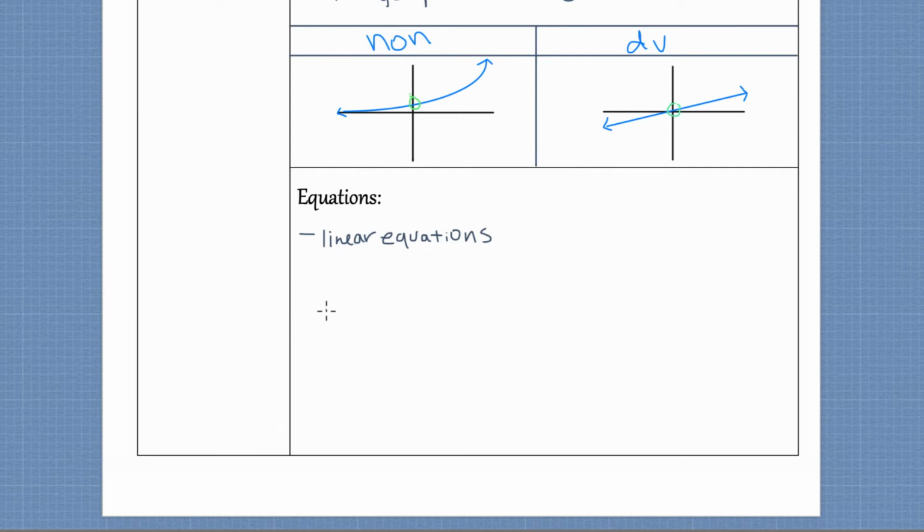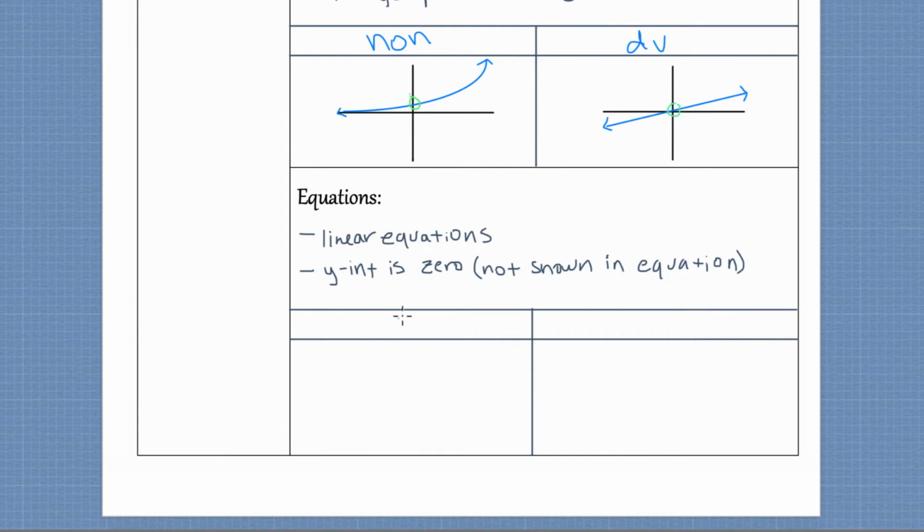They will never be a quadratic or an exponential or any other type of equation. It is always going to be a linear equation. The second aspect of it is that the y-intercept will always be 0, and so it's not going to be shown in the equation. So again, I'm going to show you guys some examples.